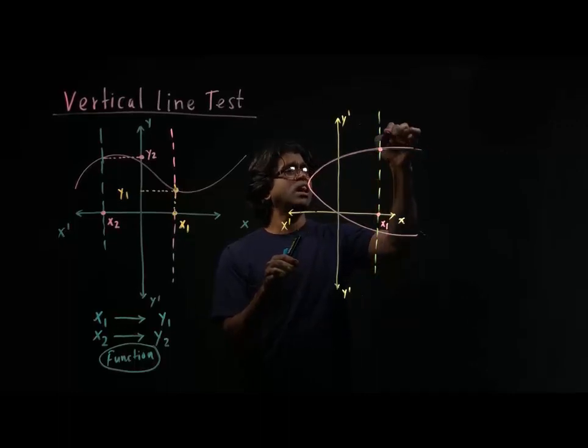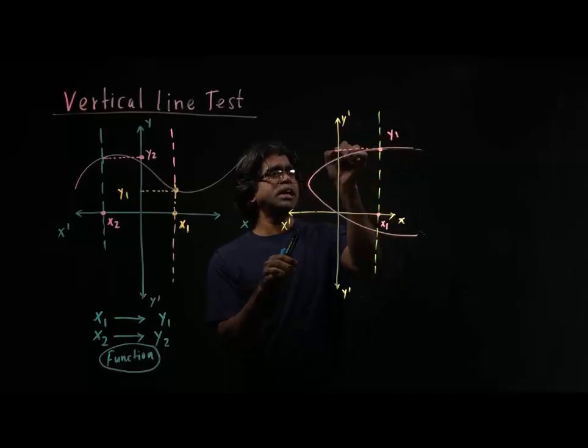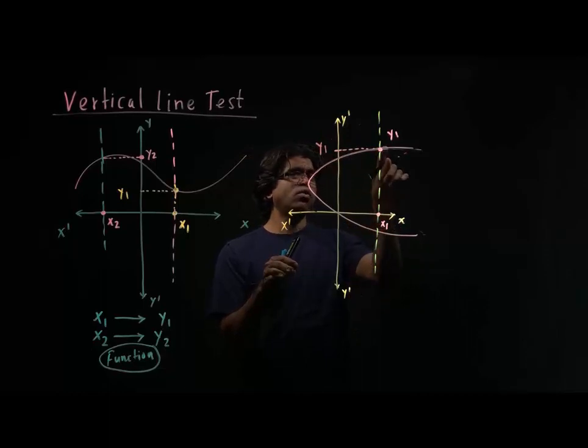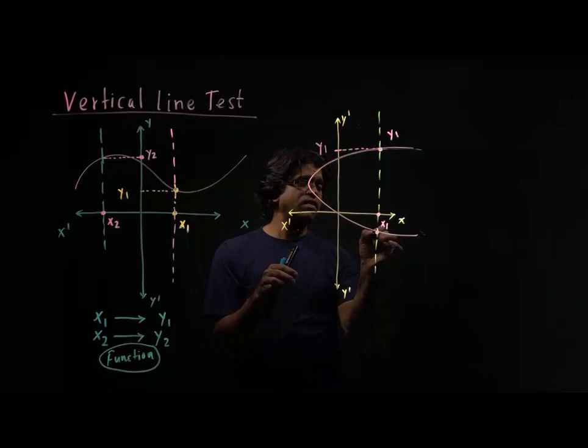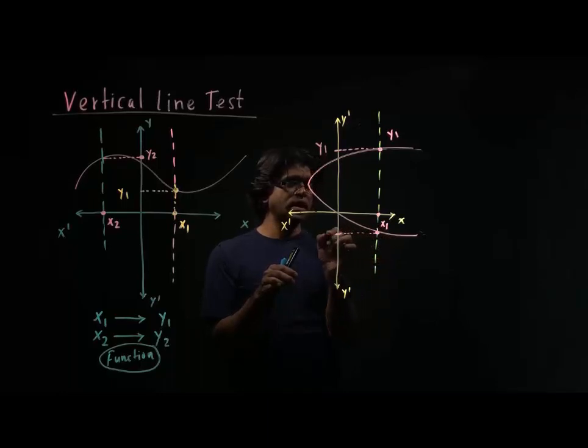This one is my y1. For the value of x1, the value of the function is y1. And then I have another value of the function for the same value of x1, which, let's consider this one as y2.